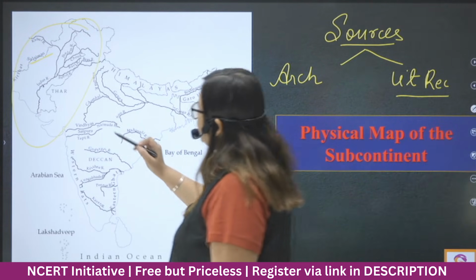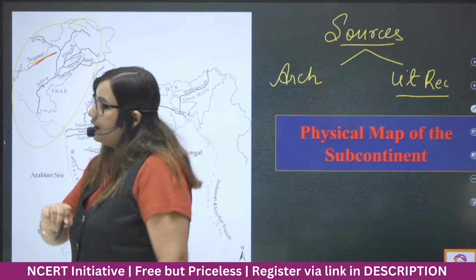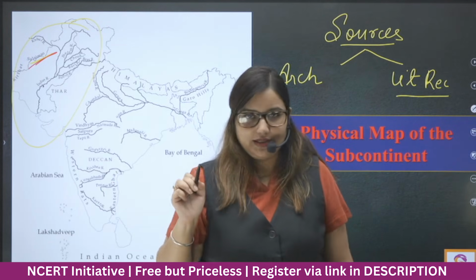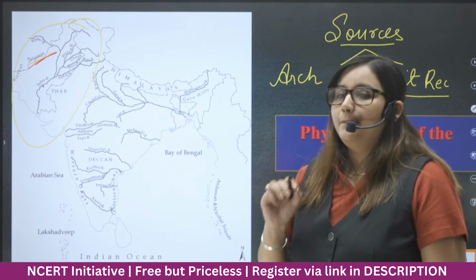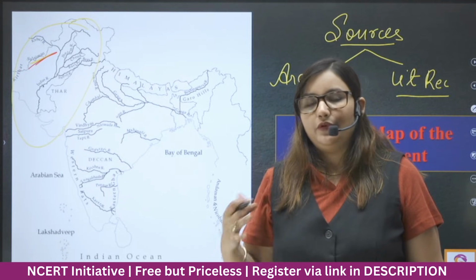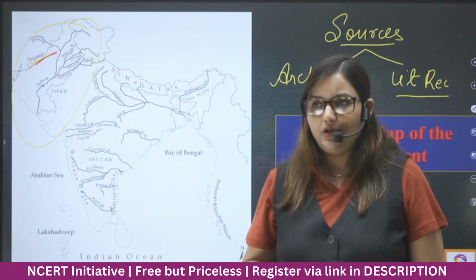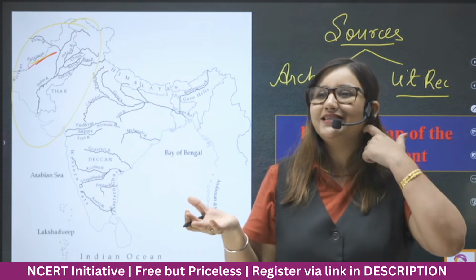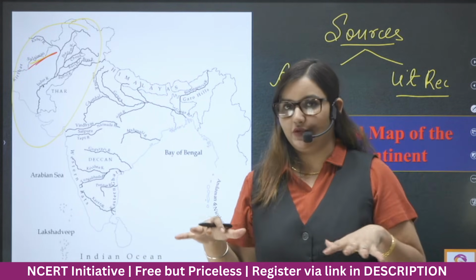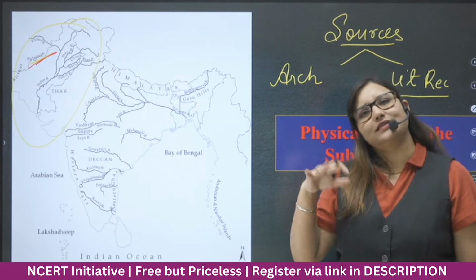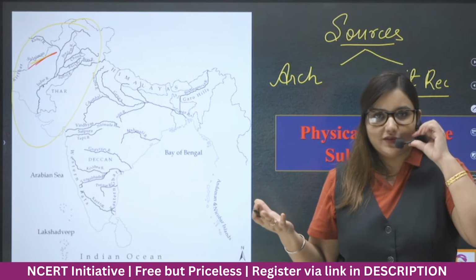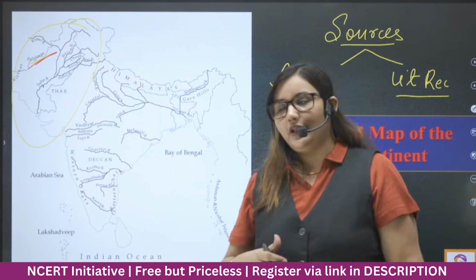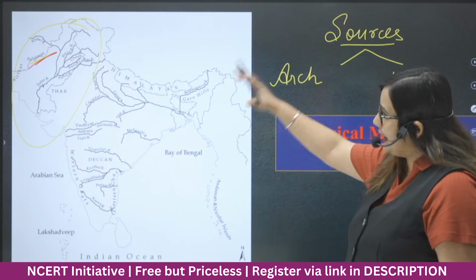Okay, look at this area, which is in present Pakistan today. Fine. But at that time, when we discuss ancient history, we know that it was part of India. So we will not say that this is not Indian history, right? This is Indian history. Daddy is always daddy, right?